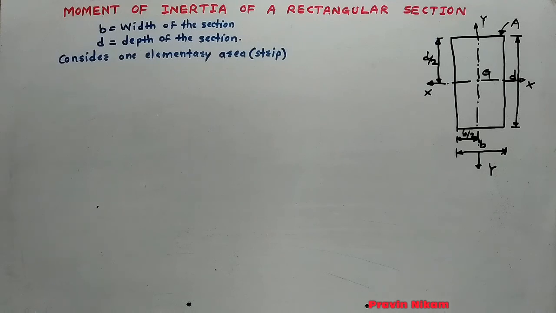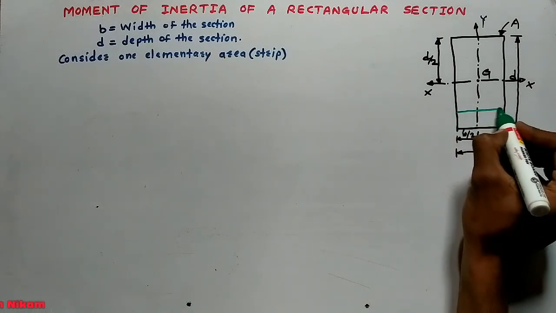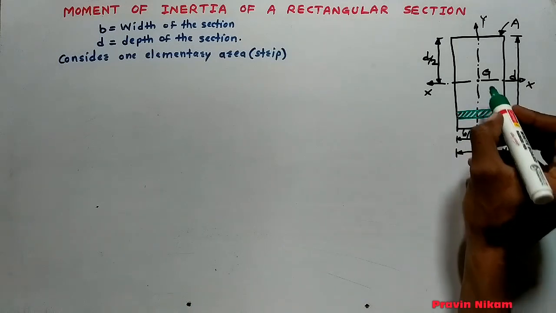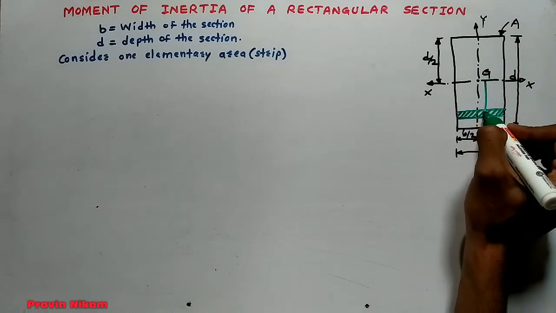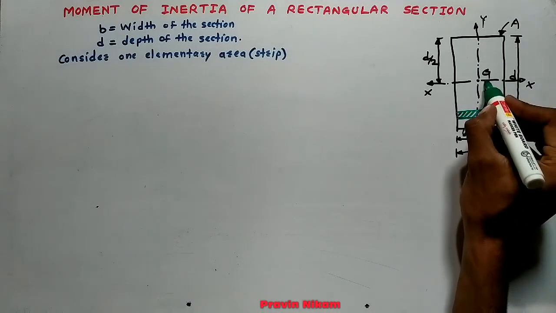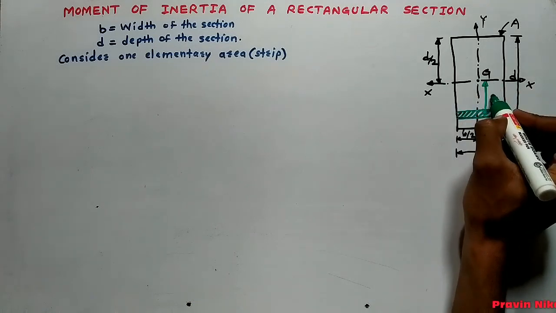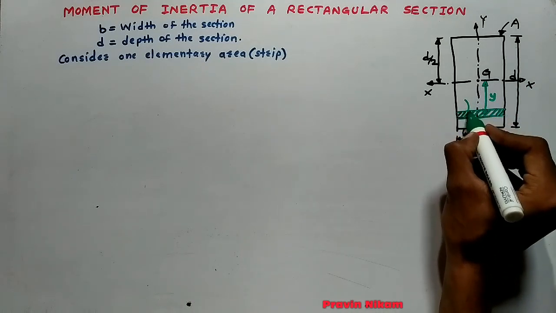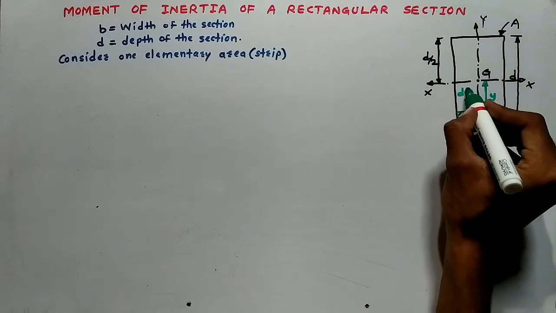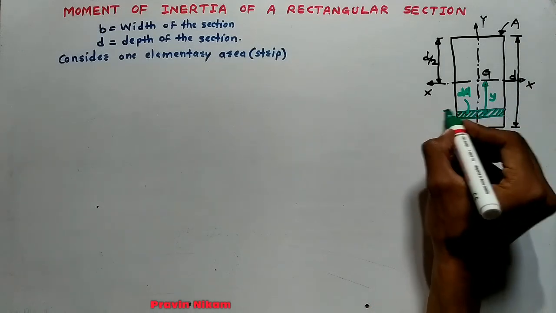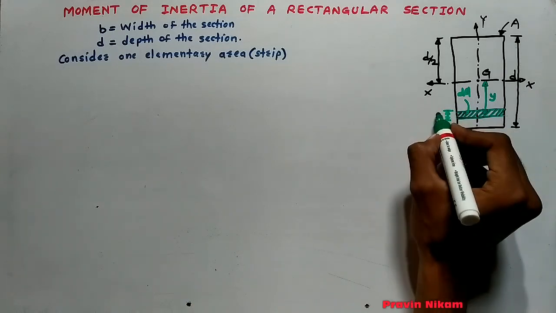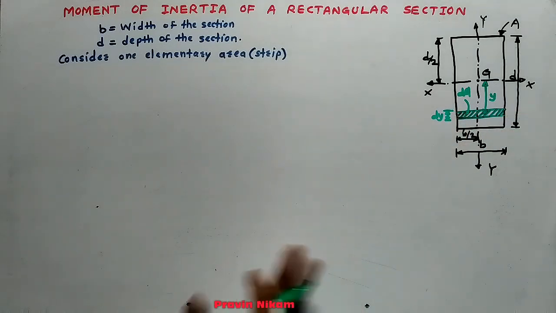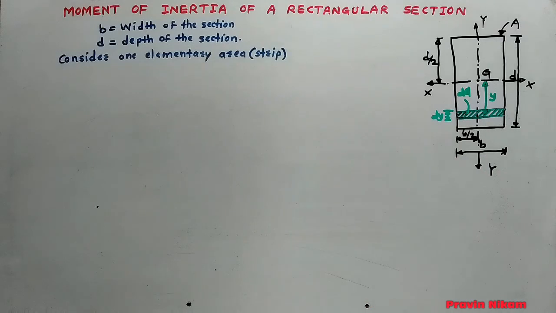The distance of the centroid of this strip from the horizontal x-axis is y, and the area of this strip is dA. The depth of this strip is dy, and the width of the strip is the same, B. So this is one elementary strip.